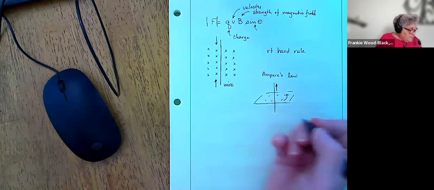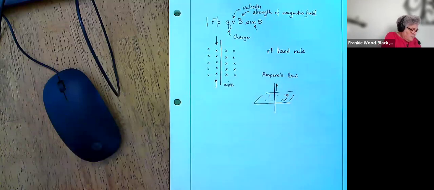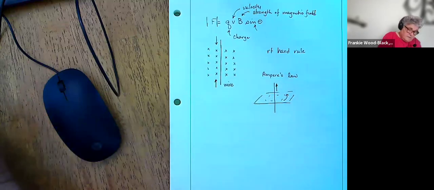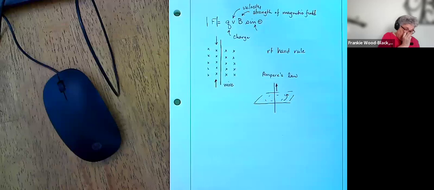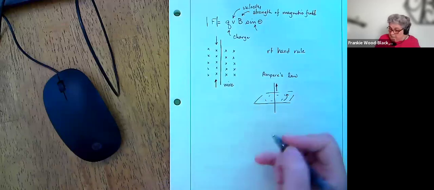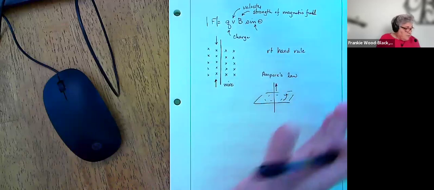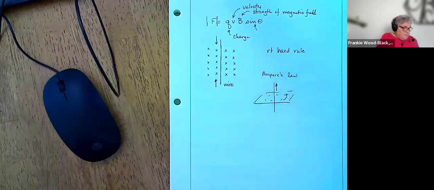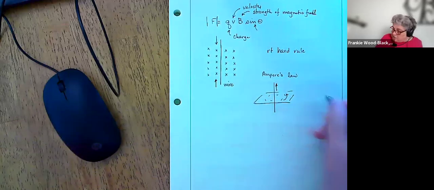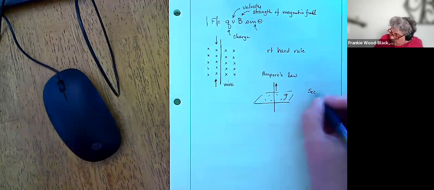The observation for Ampere's law is that we point our thumb along the direction of the current and go around.